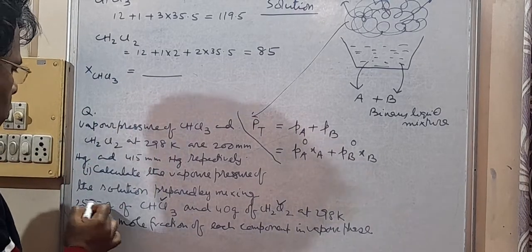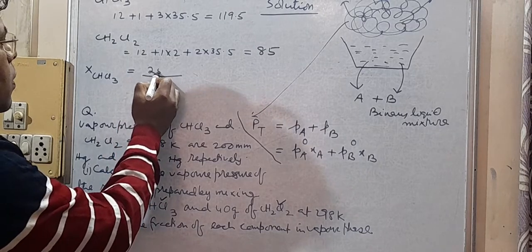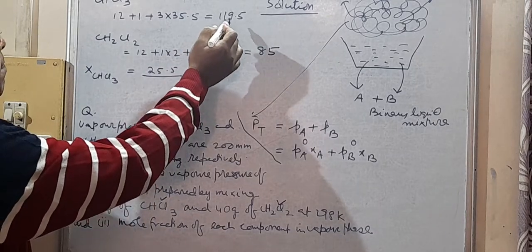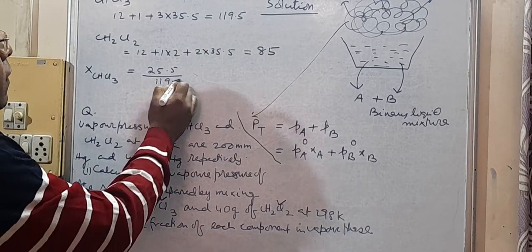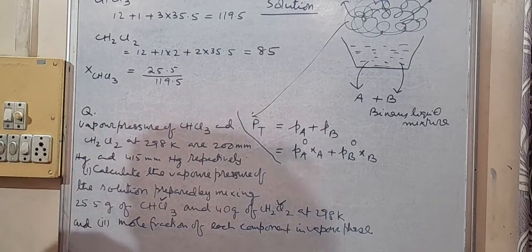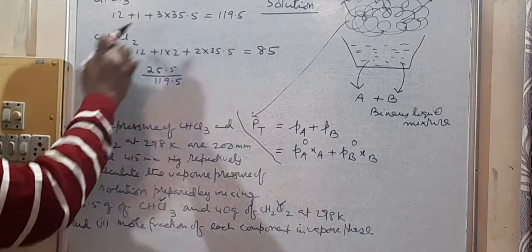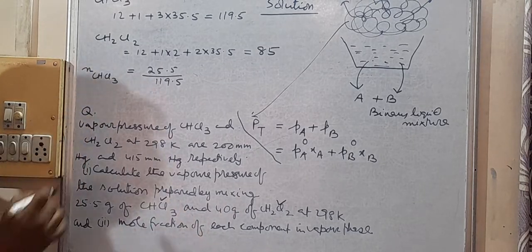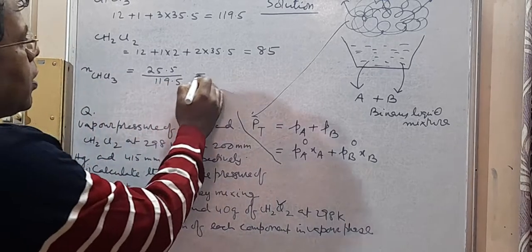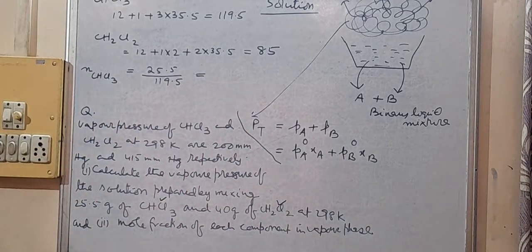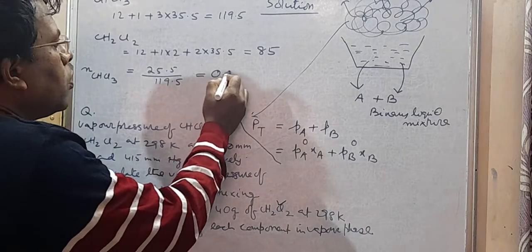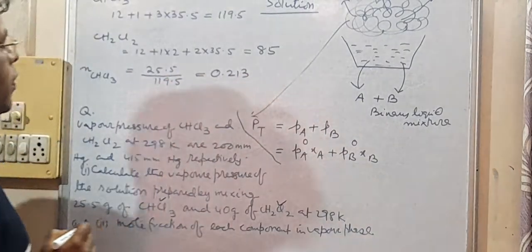So the mass of CHCl3 is 25.5 divided by 119.5, and this you have to find.